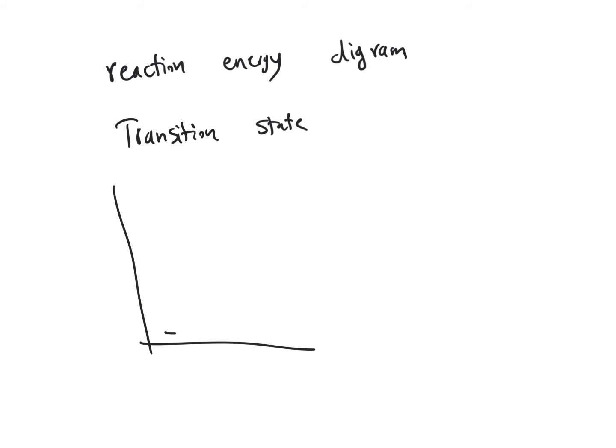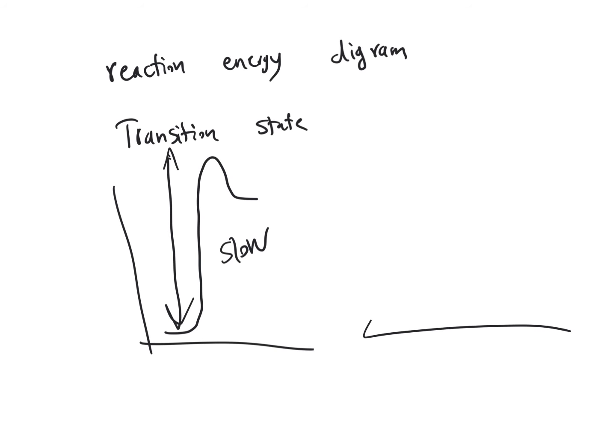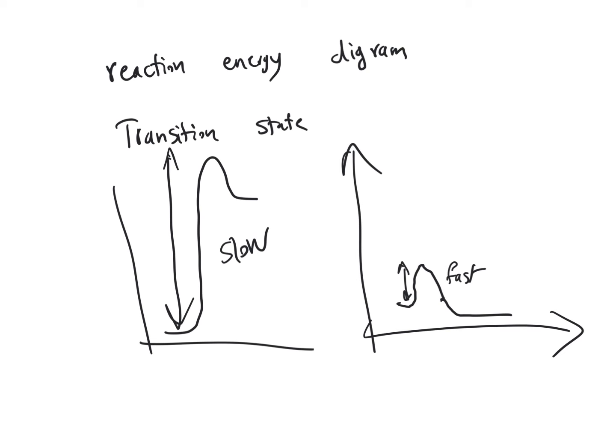If it's large, the reaction is slow. If it's small, this reaction would be fast. And an exothermic reaction evolves heat, and an endothermic reaction takes in heat.